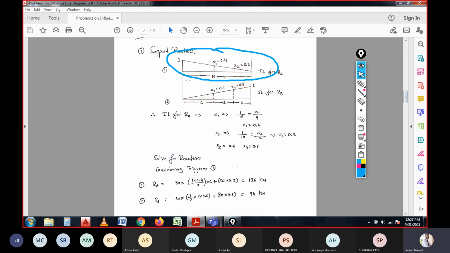Whenever a UDL is considered, that particular load is to be multiplied with the area of the influence line diagram. Since here we have a trapezoidal area, we take the average of the heights on both sides, multiplied with the total distance between these two. I hope you know the trapezoidal formula, right? Or else I could draw it here and tell you.